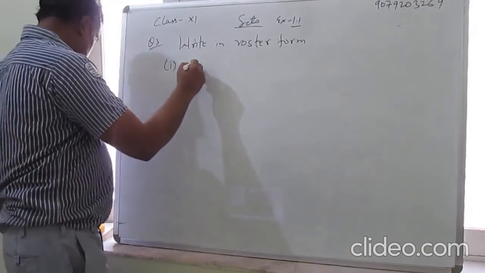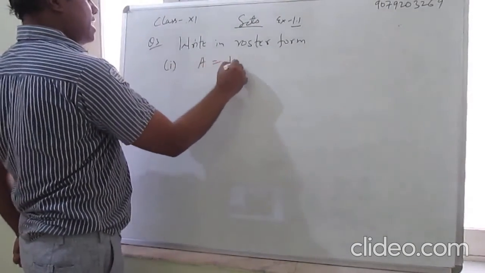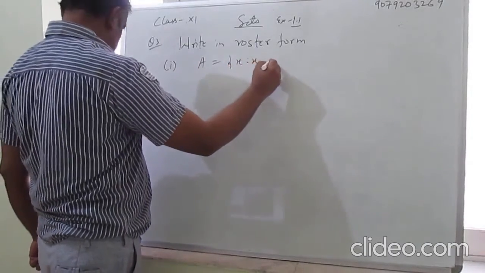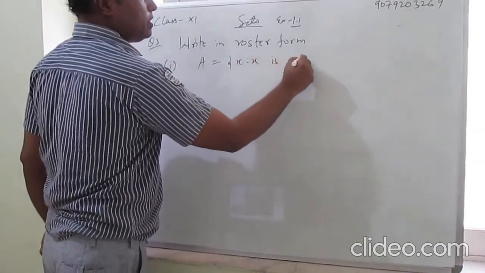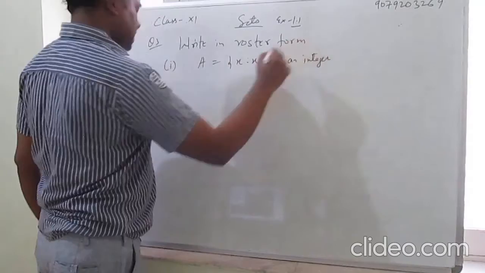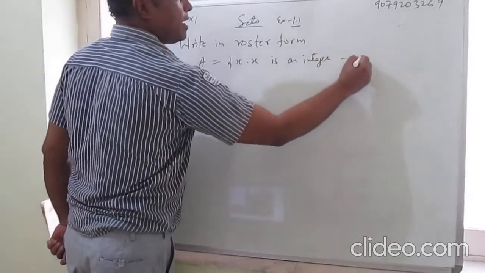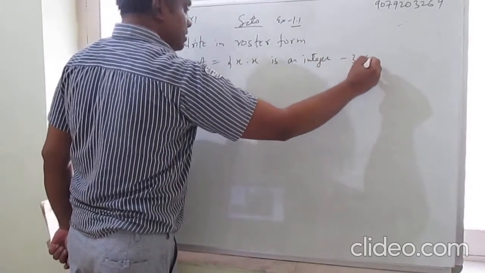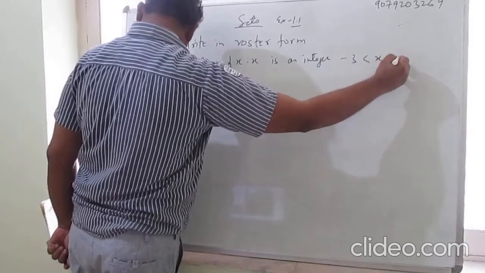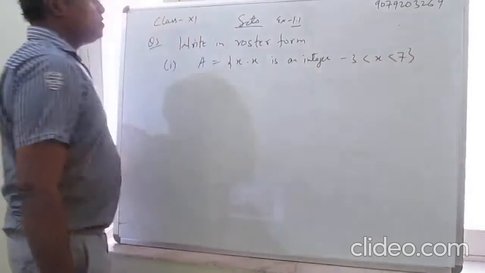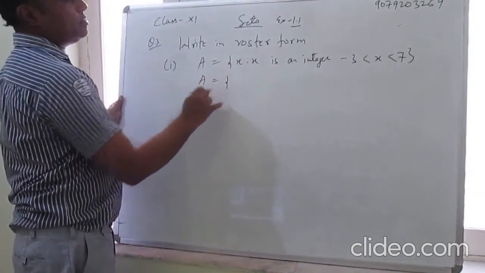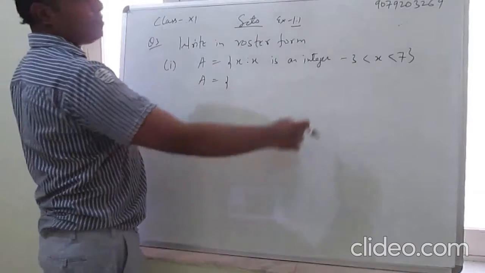First, A is the set of x such that x is an integer greater than -3 and less than 6. You have to write in a tabular form, roster form.